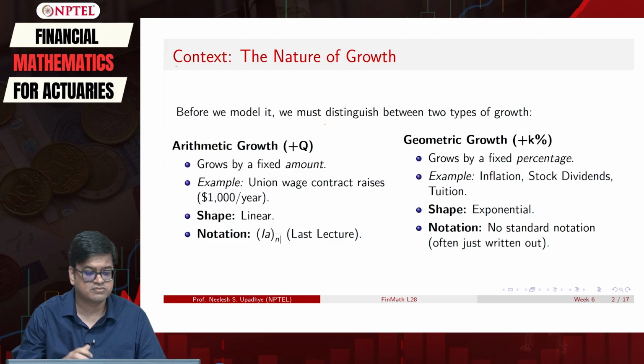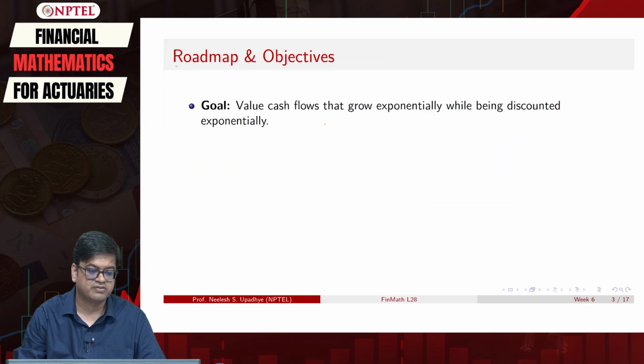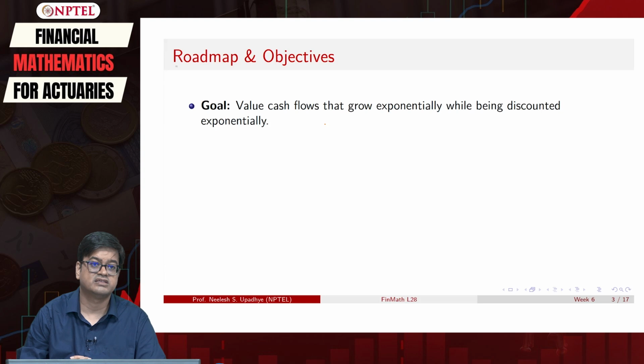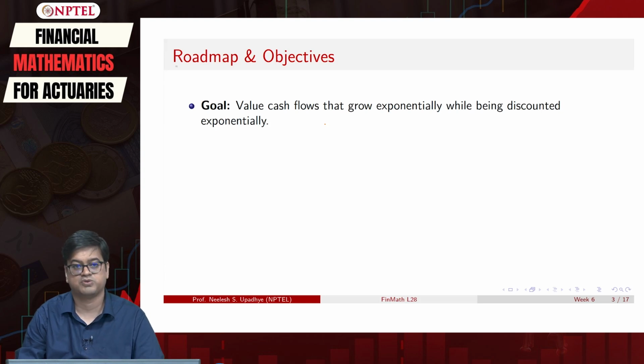Okay. Once we have set our goal, that is to study this geometric growth and how inflation erodes that growth, we can set our roadmap. We are essentially aiming to value the cash flows that are growing exponentially, and we will also take care of their discounting, which is happening exponentially.